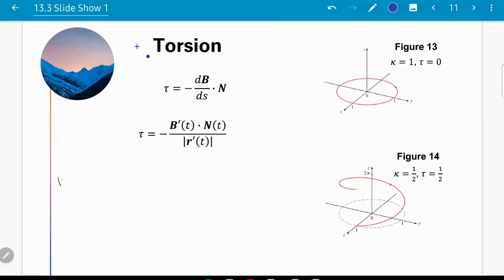Okay, so since we have curvature, which we defined as dT/ds, and curvature at a point indicates how tightly that curve bends. Since T is a normal vector for the normal plane, dT/ds tells us how that normal plane changes as P moves along the curve.